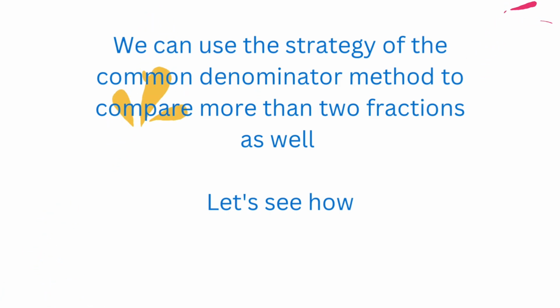We can use the strategy of the common denominator method to compare more than 2 fractions as well. Let's see how. I have taken 3 fractions here, 1 by 2, 3 by 4 and 5 by 6. Our goal is to find the LCM of 2, 4 and 6 so that we can make their denominators common.